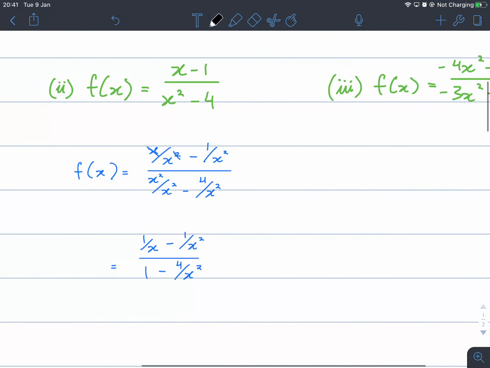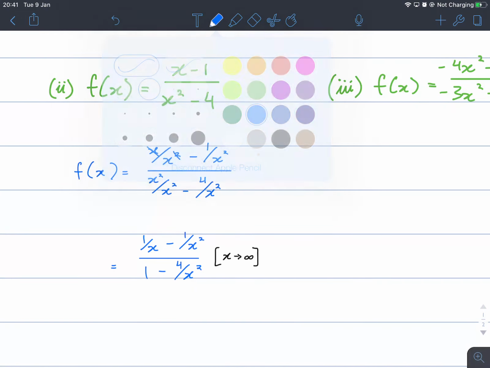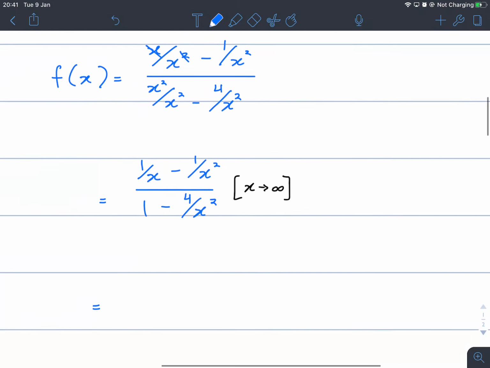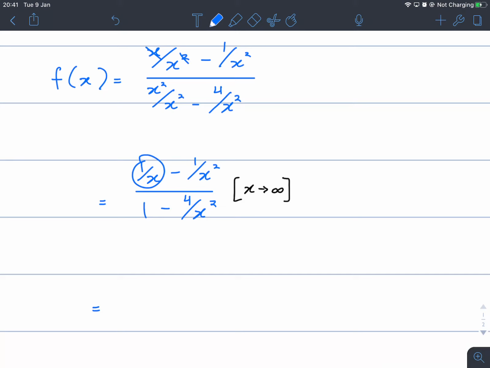Right, once everything is as simplified as it can be, we let x approach infinity. Let's take a look at the behavior of all the numbers. 1, let's do this first term here. 1 divided by a very large number, that becomes 0. 1 divided by an even larger number, that's also 0. That stays as 1.